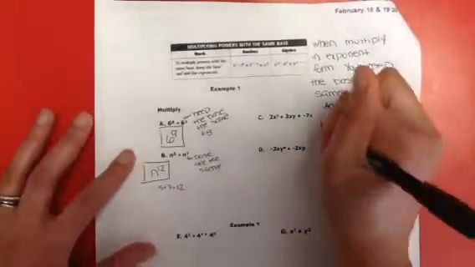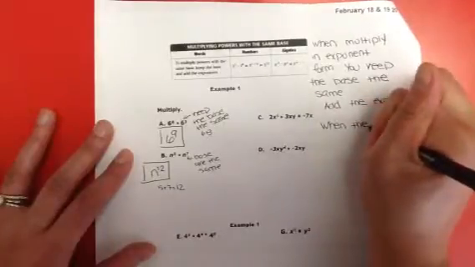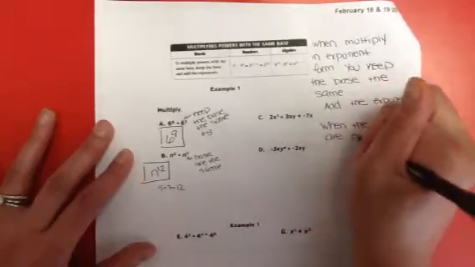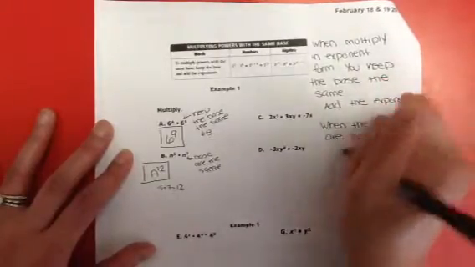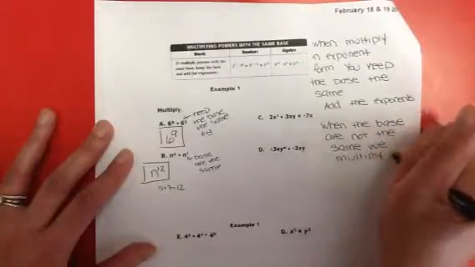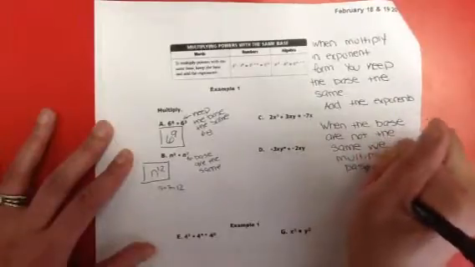That's great. But what happens if our bases are not the same? When the bases are not the same, we multiply the bases by each other.